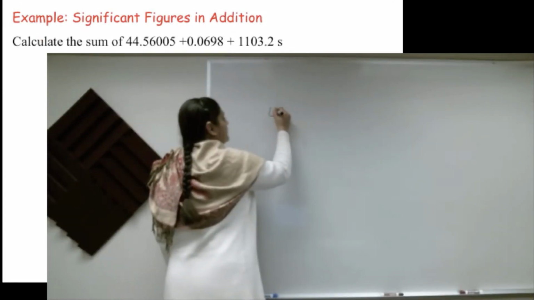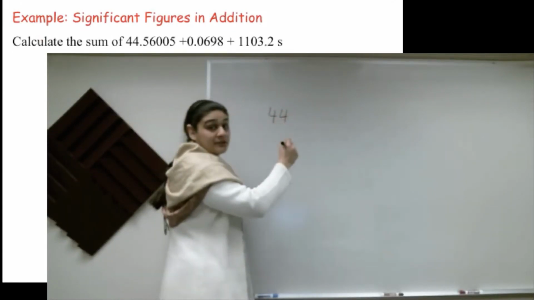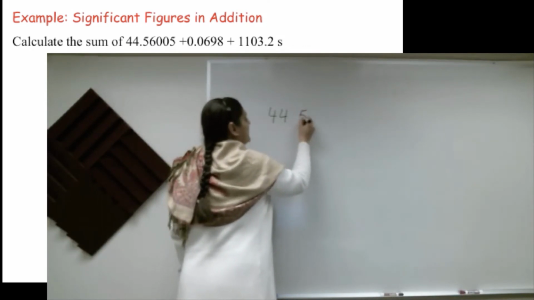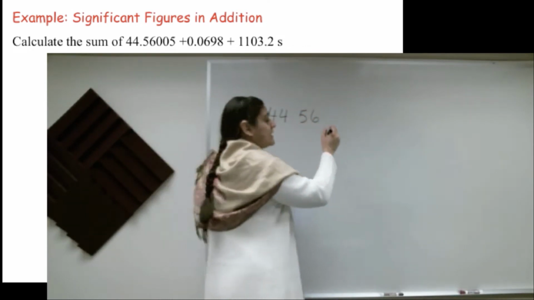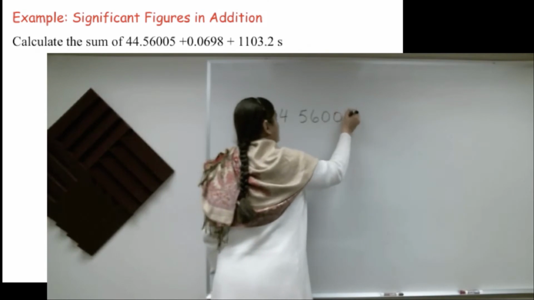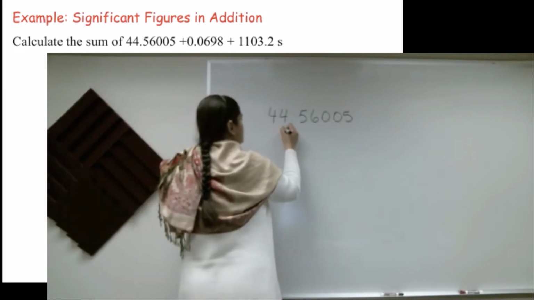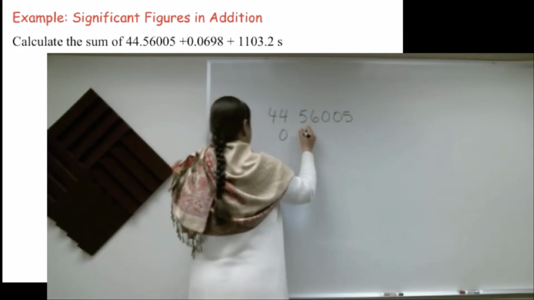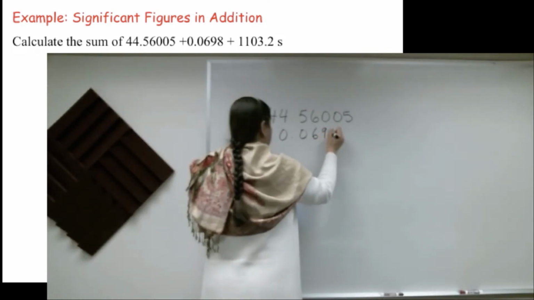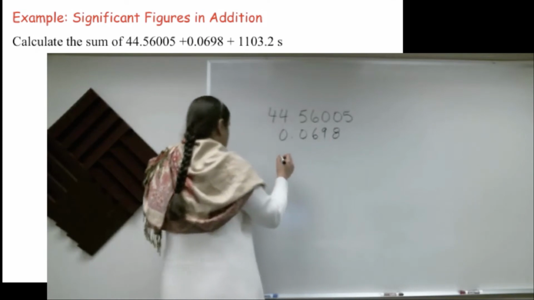So our question says we have to add 44.56005 to 0.0698 and 1103.2.